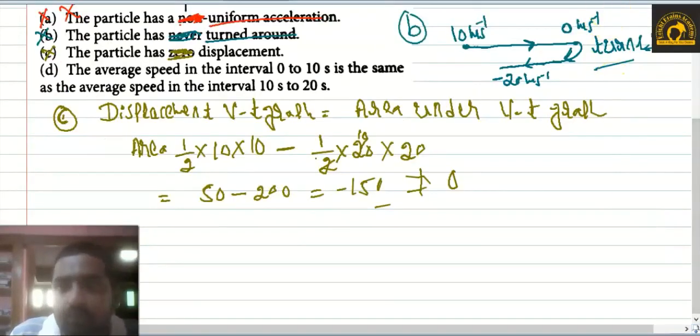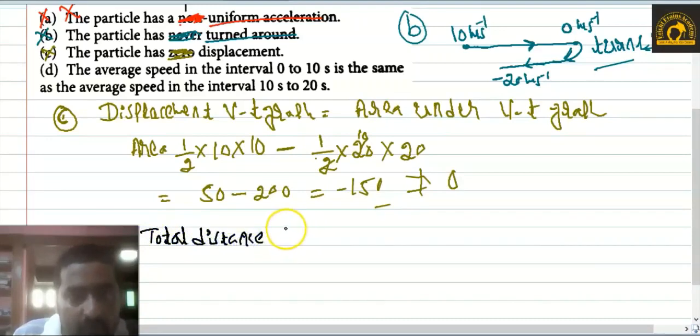Then the fourth one, that is D, the average speed. The average speed is equal to total distance from 0 to 10 second, divided by total time. Total time is 10 minus 0.